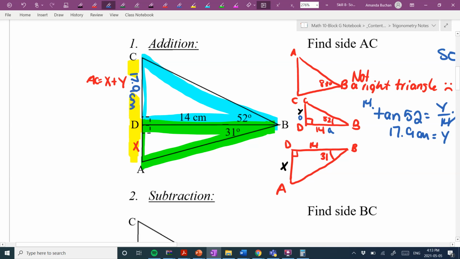And I can do the same thing for x. So from angle B, which I know, x is opposite, and once again 14 is adjacent. So again, I can use tan. Now this time I'm using a different angle because the triangle that I'm looking at is different. So x is opposite and 14 is adjacent. So same thing, we're going to need to multiply.